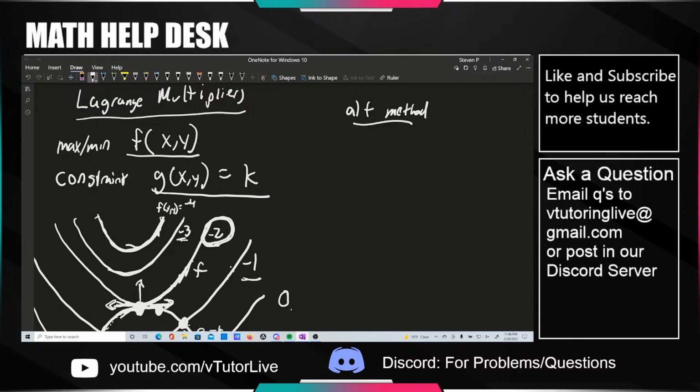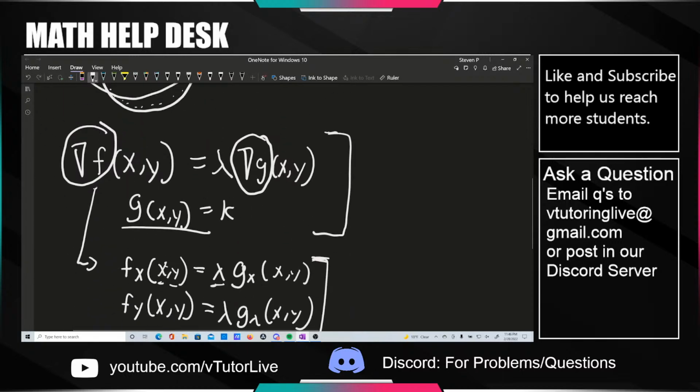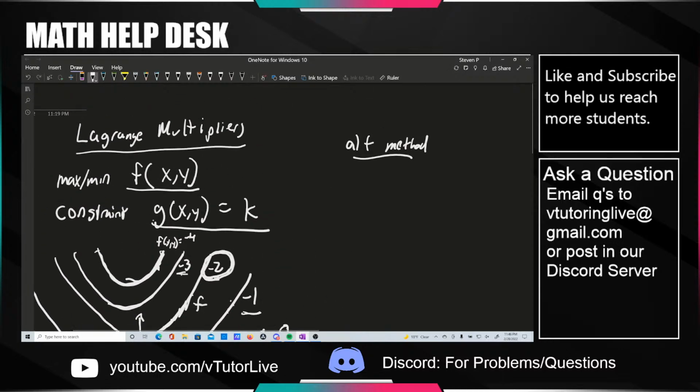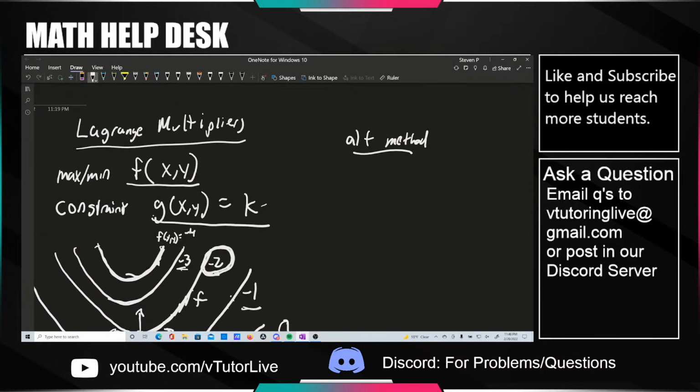It's basically saying, instead of trying to remember to set the gradient of f equal to lambda gradient of g, let's do something clever and fold the constraint into the function. What I mean by that is, let capital G of x comma y be equal to g of x y minus k.